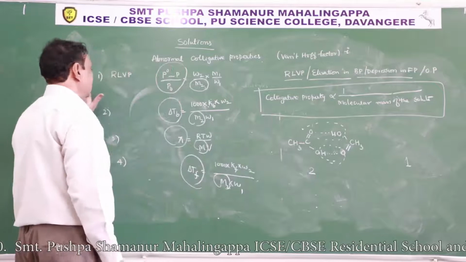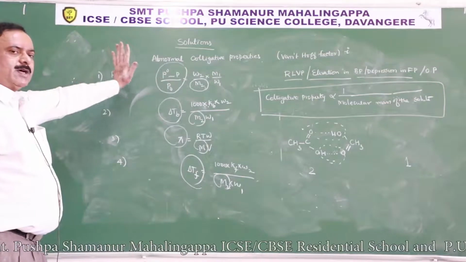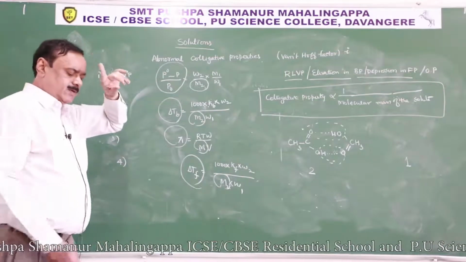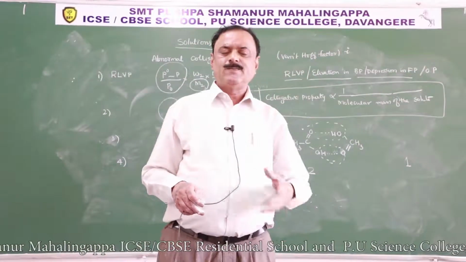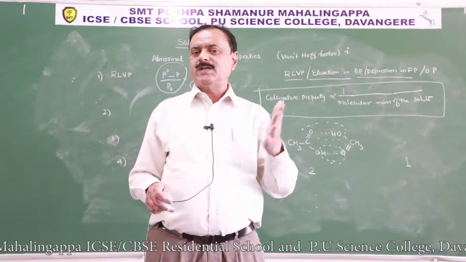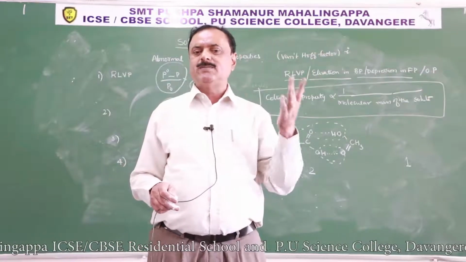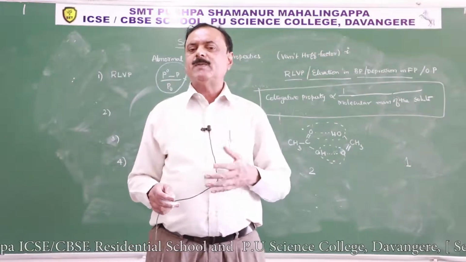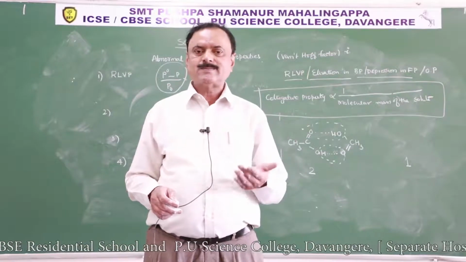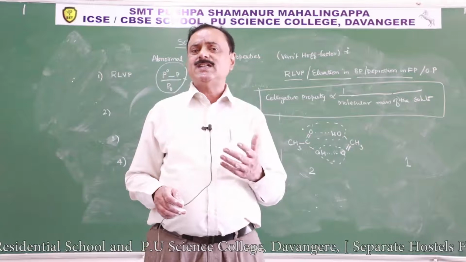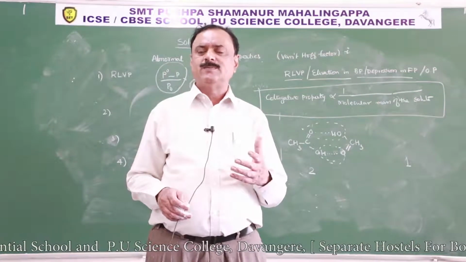See here, in case of urea or glucose or sucrose, the van't Hoff factor is considered as 1. In case of sodium chloride, potassium chloride, calcium chloride, barium chloride, aluminum sulfate, or any relevant electrolytes which undergo ionization, they give more number of particles or ions. In case of acetic acid and benzoic acid, dimers are formed.